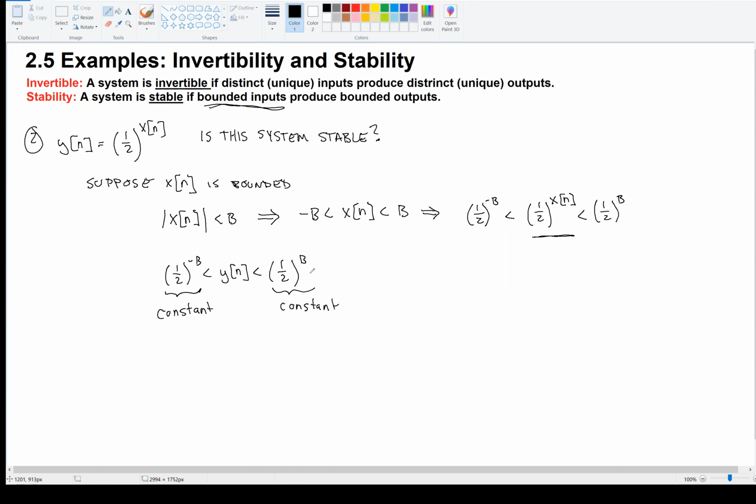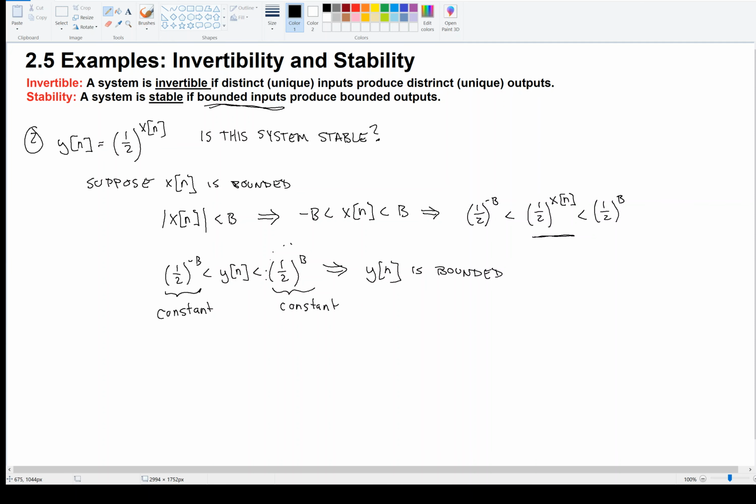Then this is also a finite constant, and this is also a finite constant. And therefore, y is bounded. Y is between these two finite constants. Y does not go to infinity because y is less than this constant. Y does not go to minus infinity because y is greater than this constant.